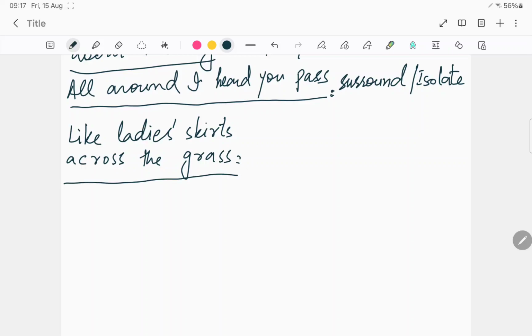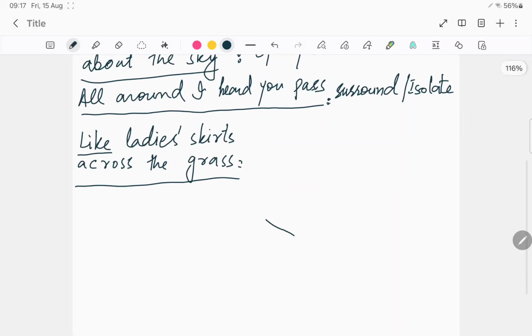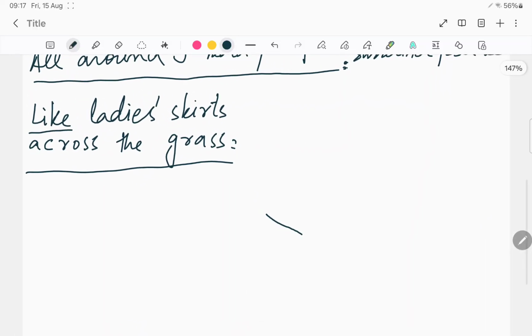As it is starting with the word like, here we come across a simile. It means that when the wind is there, it touches the grass like the lady's long skirts.